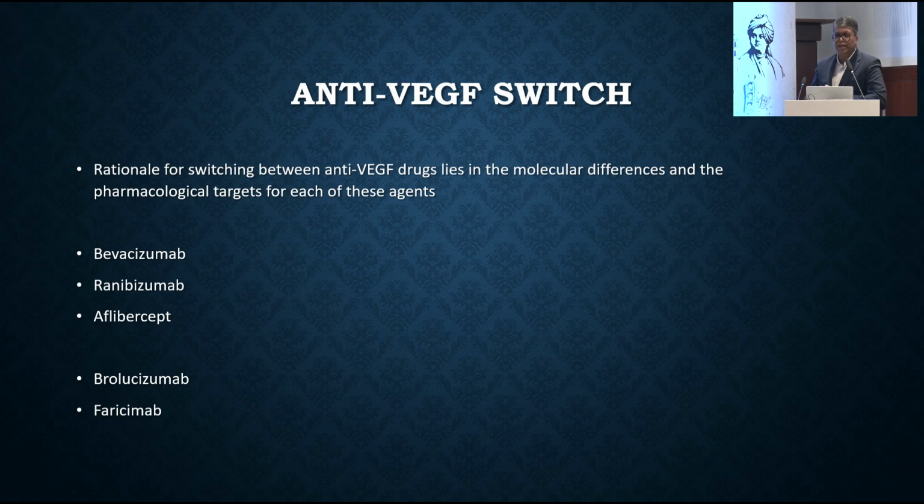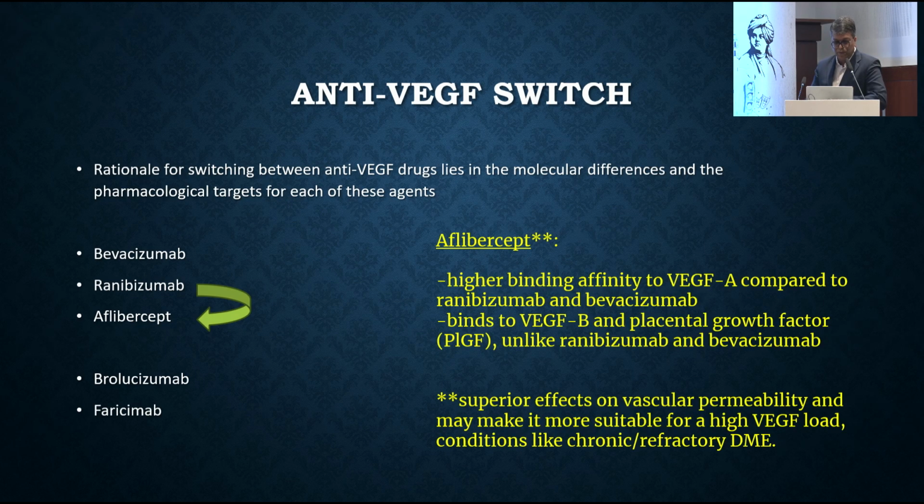Anti-VEGF switch means that whatever anti-VEGF you start with, if your patient is not responding or has stopped responding to that anti-VEGF, you shift to the next one. What I routinely start with is ranibizumab, and when it doesn't work or it stops working, I shift to aflibercept because it has shown superior effects on vascular permeability and is more suitable for high VEGF levels.